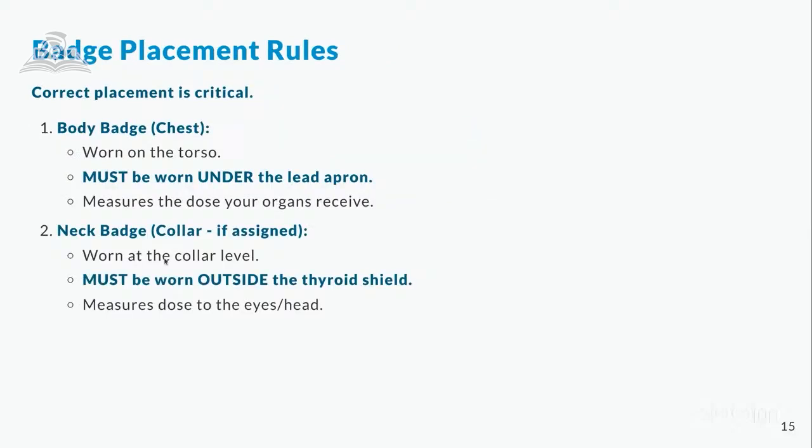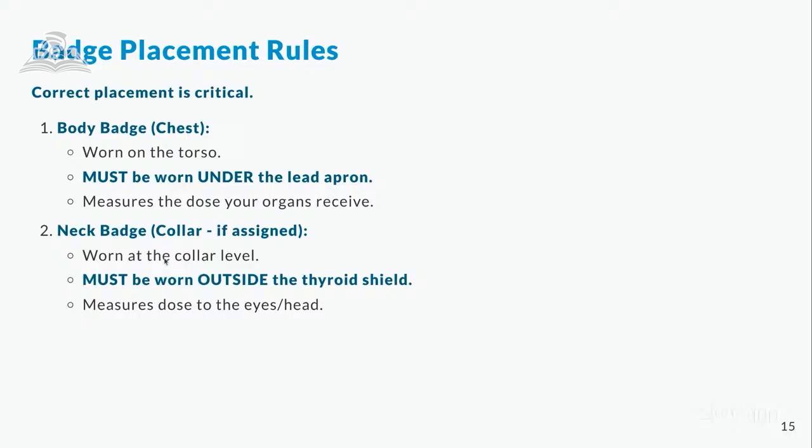Badge placement is also very important because we need to understand how the dose is received exactly. Correct placement is critical. Your body badge is worn on the chest or torso. It must be under your lead apron because we are measuring the dose that your organs receive.